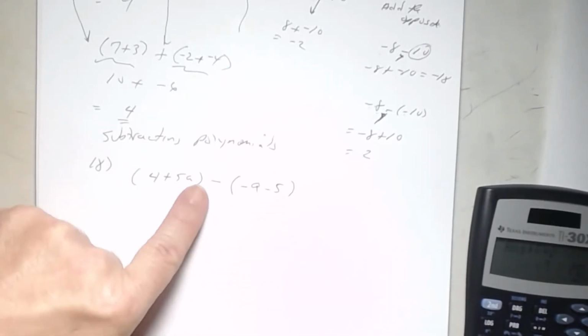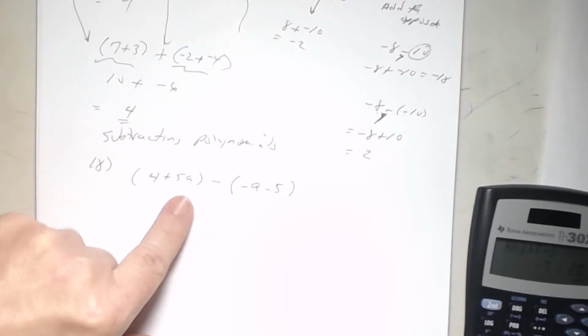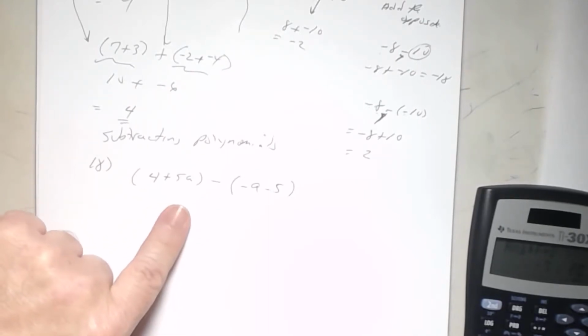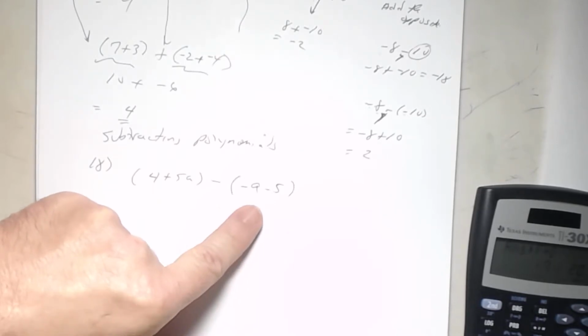So notice, am I adding or subtracting those two polynomials? I'm subtracting. All right, so you're subtracting those two polynomials. That's 4 plus 5a, yes. And you're subtracting a negative a minus 5.